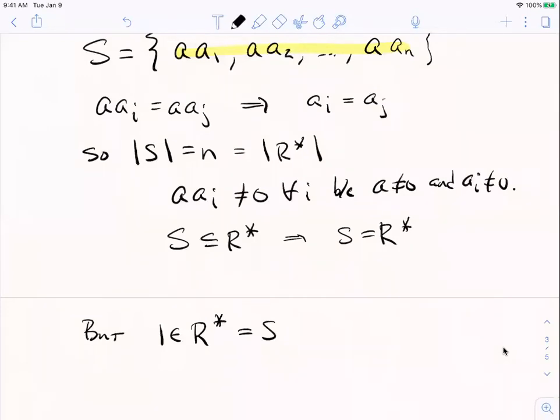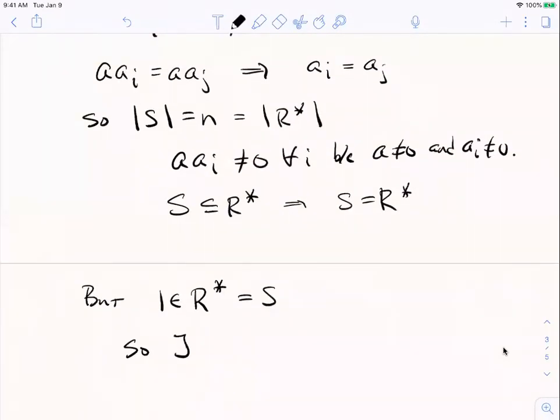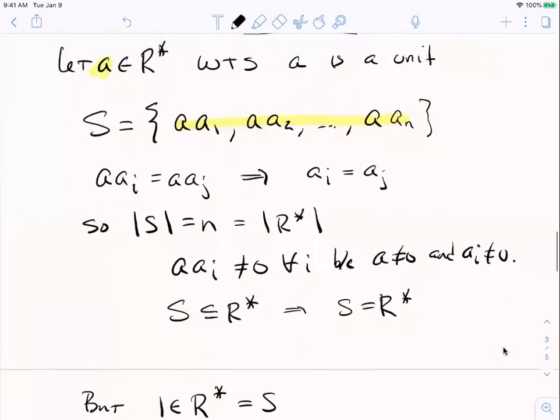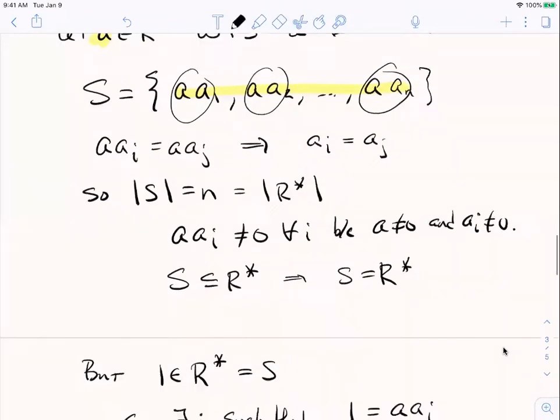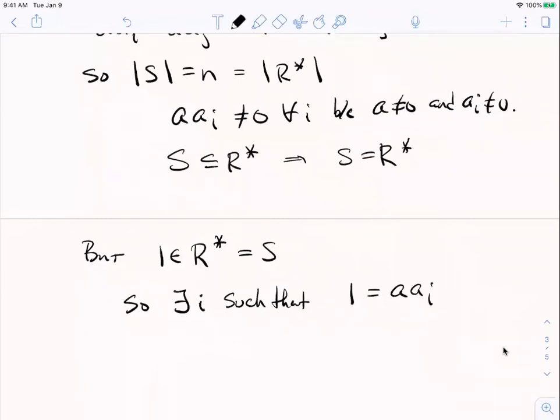So it belongs to this set S. So there has to be some index I such that 1 is equal to A times A sub I, because 1 belongs to R star, which is equal to S. So one of these elements, I don't know which one it is, but one of them has to equal 1. 1 is in there somewhere. And well, if A times AI is equal to 1, that means that A is a unit. AI is its inverse. Cool.